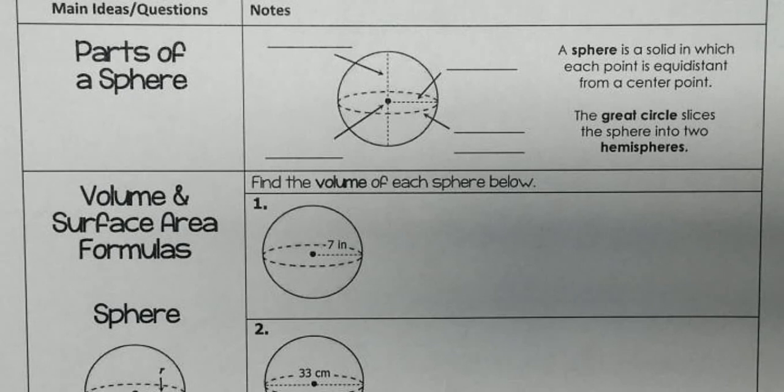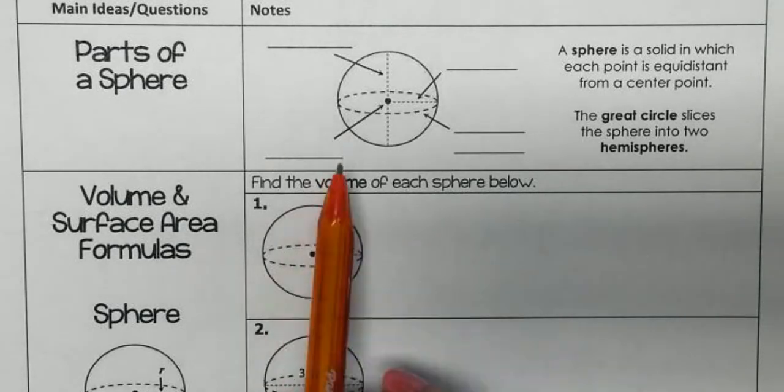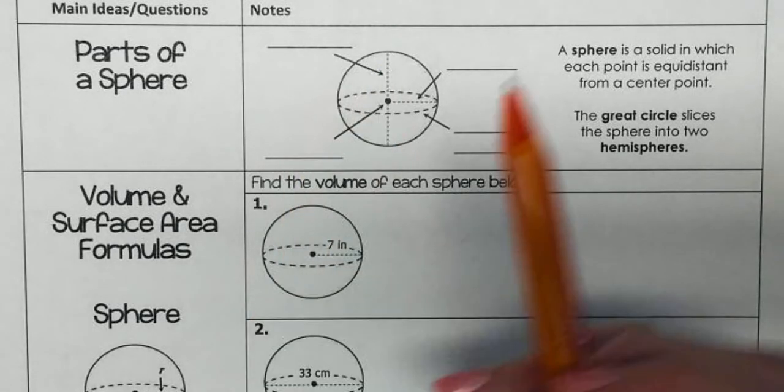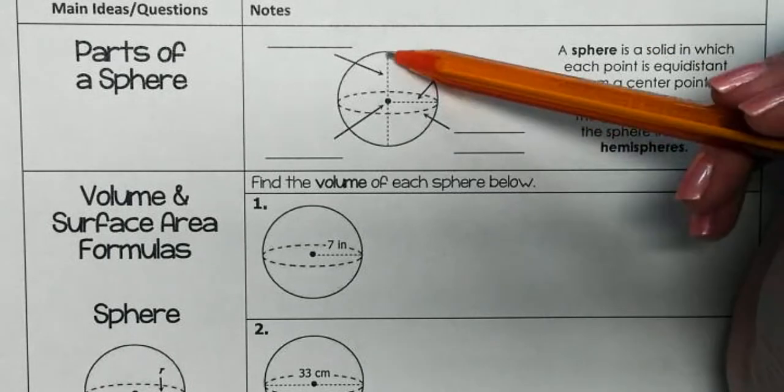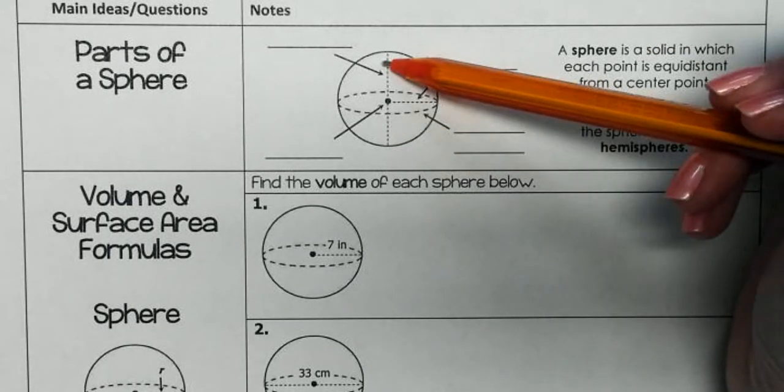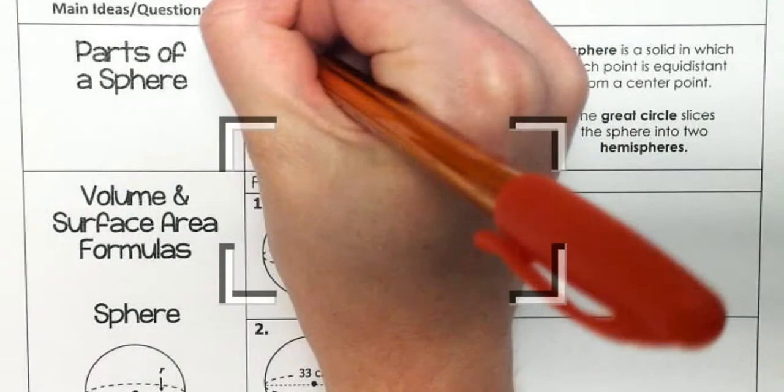Okay, we have one last 3D figure that we're going to find the volume and the surface area of, and that is a sphere. So we're going to look at the parts of the sphere first. In this diagram, this segment that goes all the way across is the diameter. You've heard of this before.